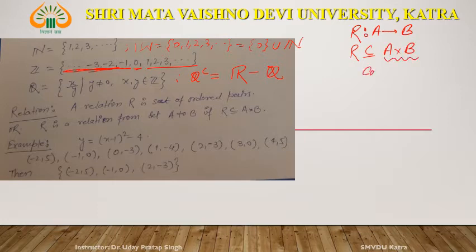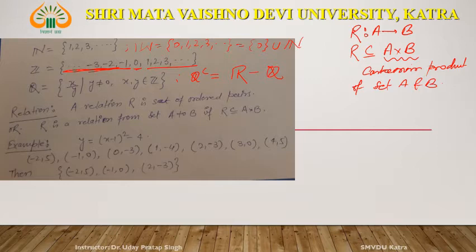It is the Cartesian product of sets A and B.